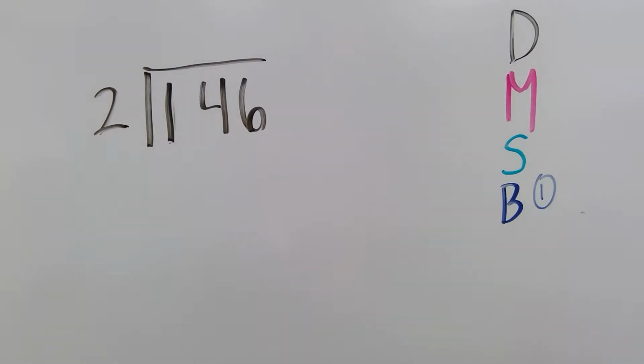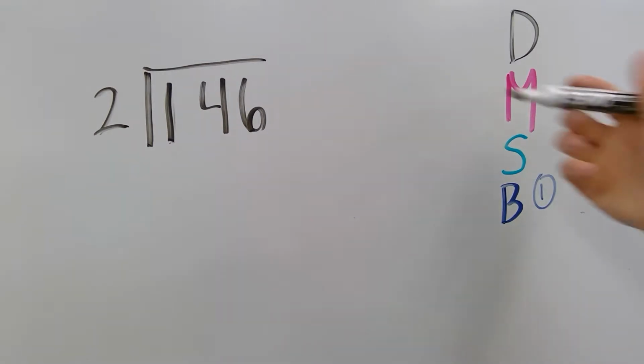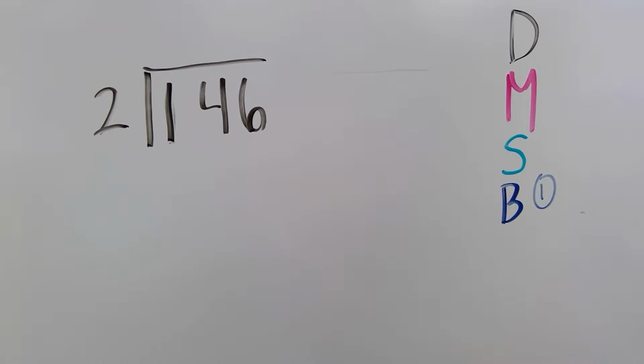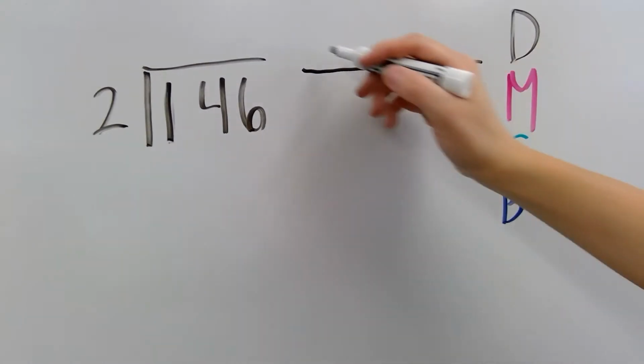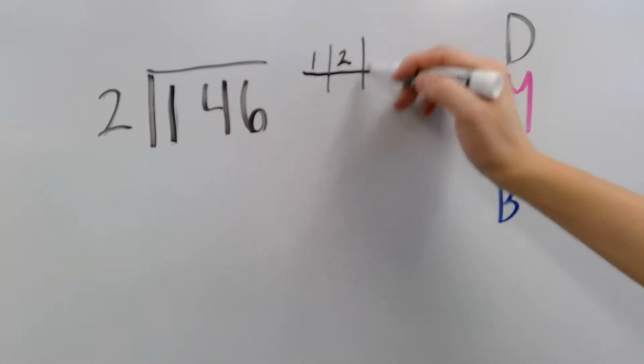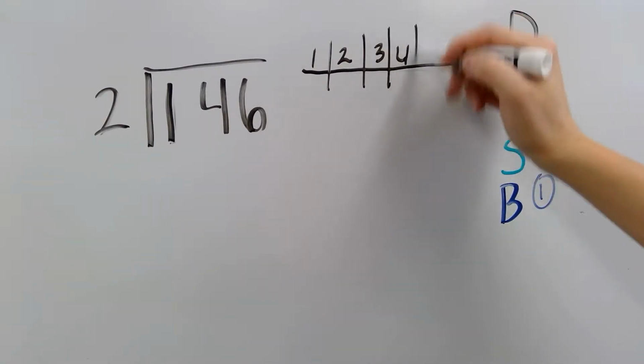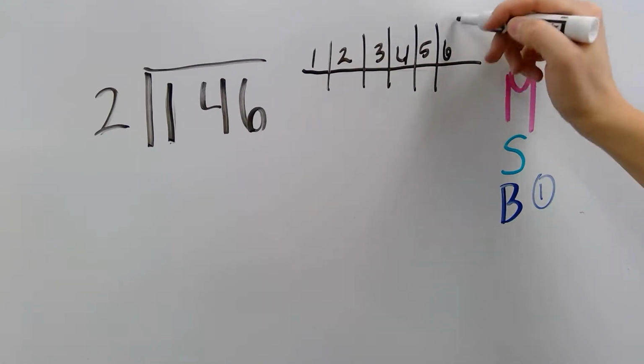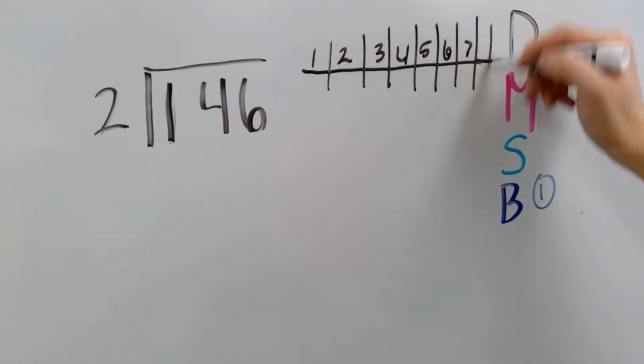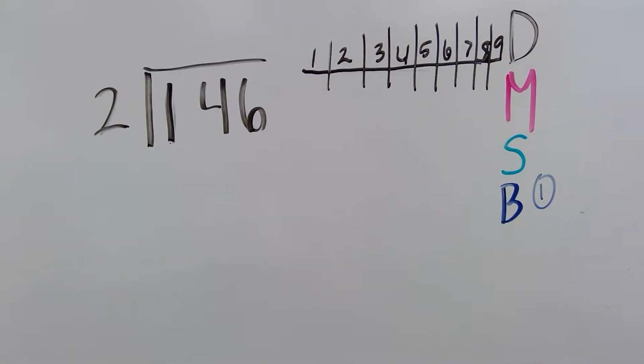But your multiples can only go 1 through 9. So I'm going to set up a little ratio table right here. Ran out of space there at the end, but that's okay.